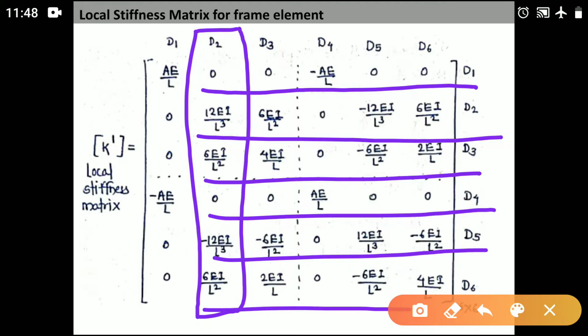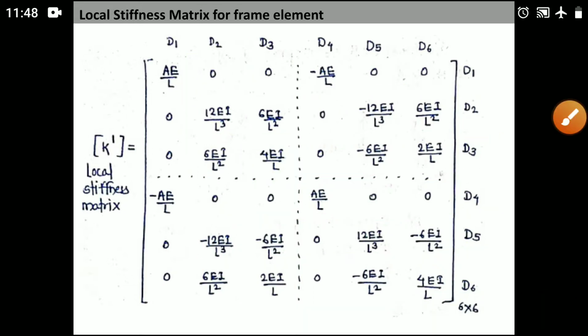So when D1 is equal to 1, in that figure, what is the action corresponding to this second degree of freedom, D2? D2 is the displacement in y direction at node A, and the action corresponding to that vertical displacement at node A is the vertical force at A, the reaction at end A in vertical direction.